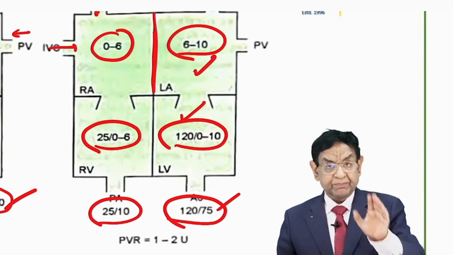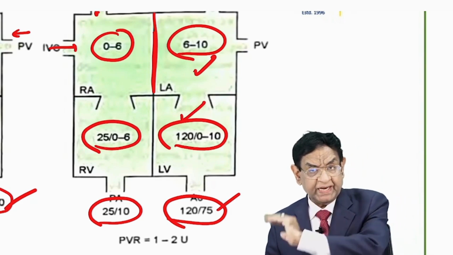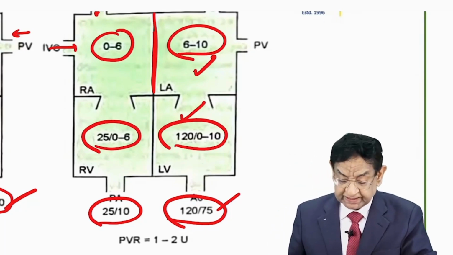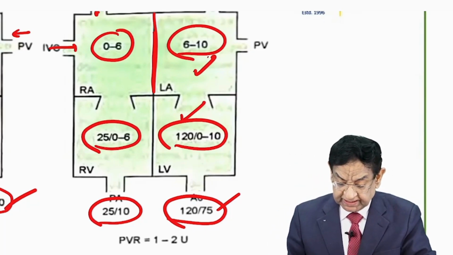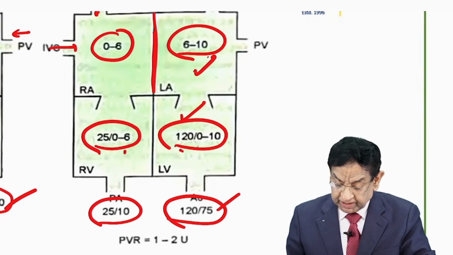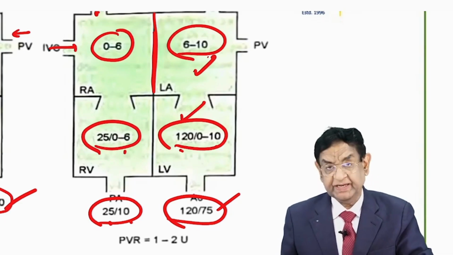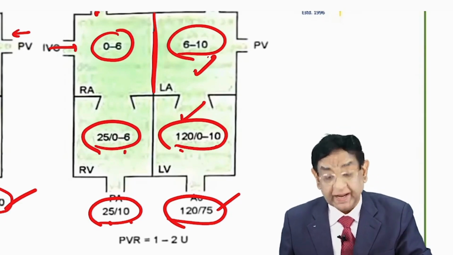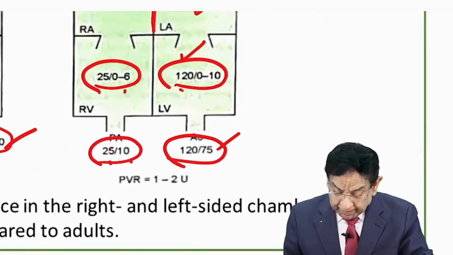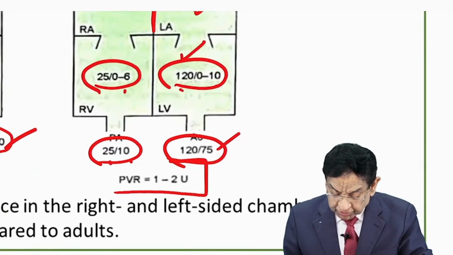So we are getting more pressure on the left side as compared to the right side. Why? Now the pulmonary vascular resistance is 1 to 2 units.